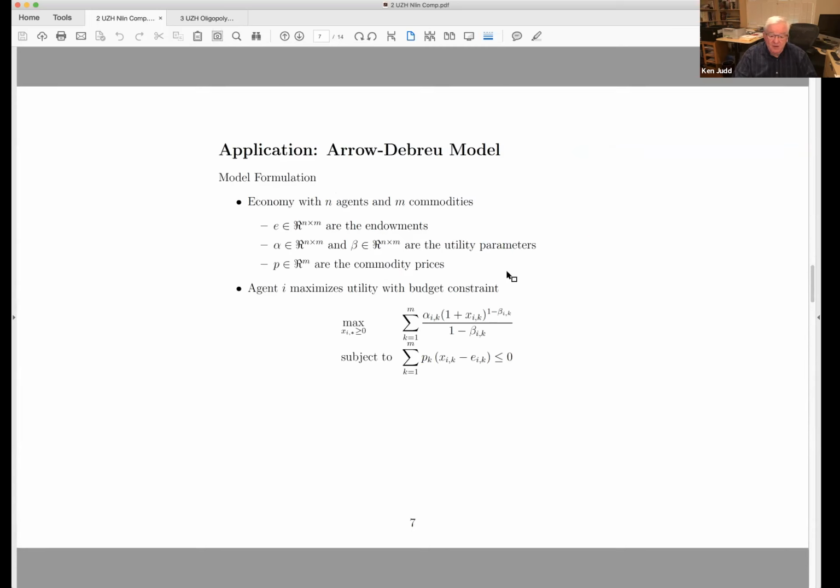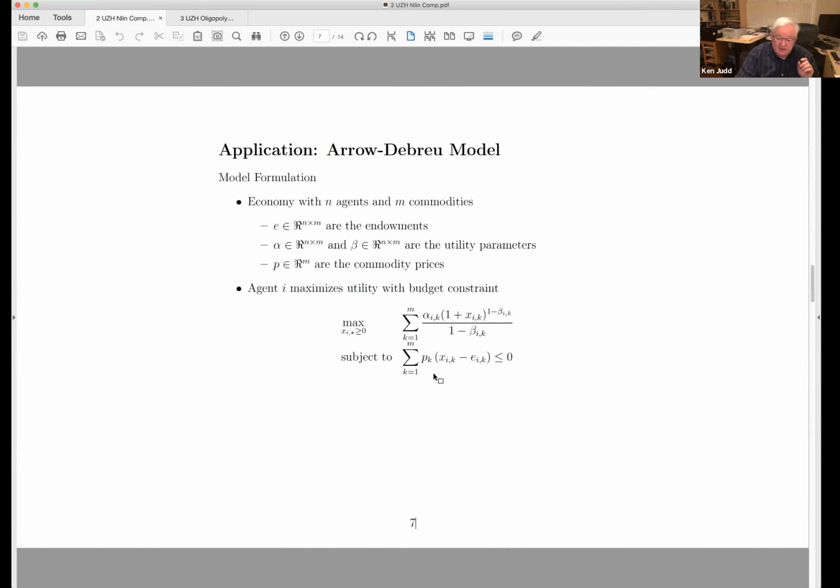Now, what about the Arrow-Debreu model? Well, you've seen it there also in terms of the theory, because what happens is that every individual maximizes their utility. Oh, this is the social planner's problem. Well, anyway, everybody.